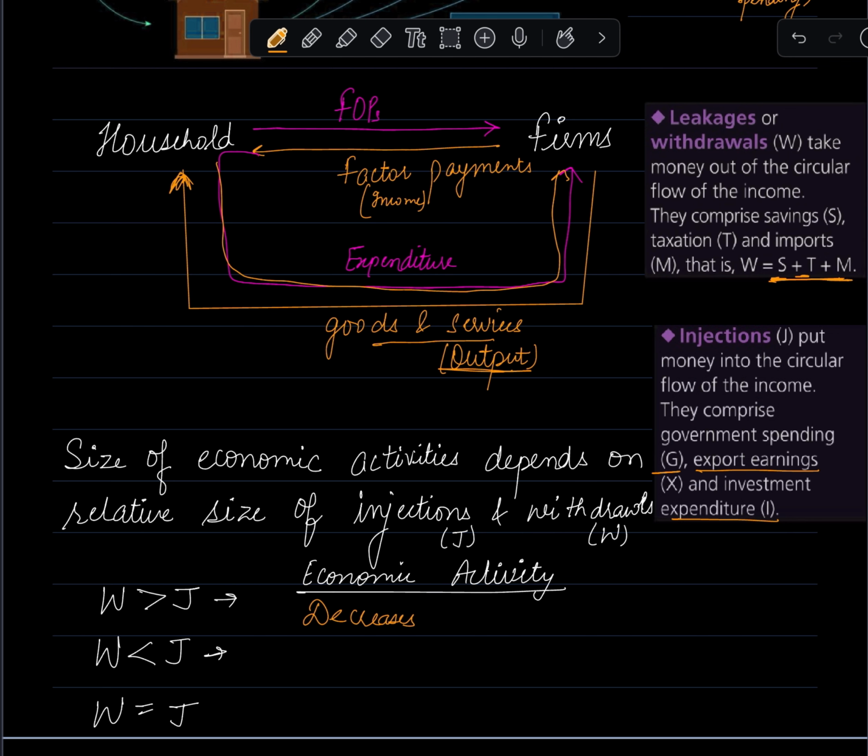Whereas when withdrawals are less and injections are more, then economic activity increases. And when both of these are equal, economic activity remains the same. This is the situation when the economy is in equilibrium. This was all about the circular flow of income model.